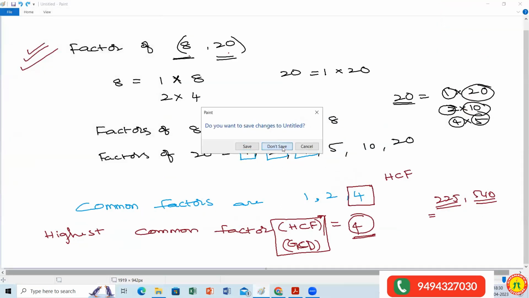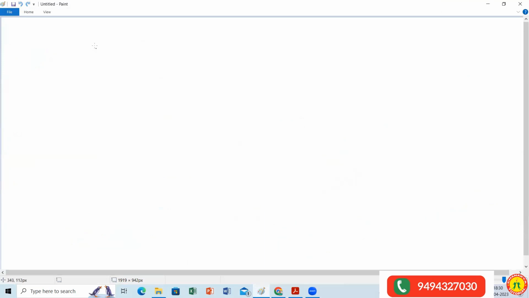Let me go through the factors of 9. We can write 1 into 9, 3 into 3. So the factors of 9 are 1, 3, 9. Now coming to the factors of 15.